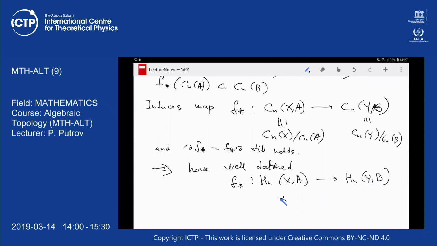Again, it's defined as follows: if I take a class represented by some element alpha, I map it to the class of F sharp of alpha. Questions?